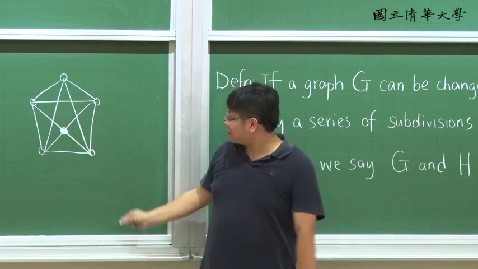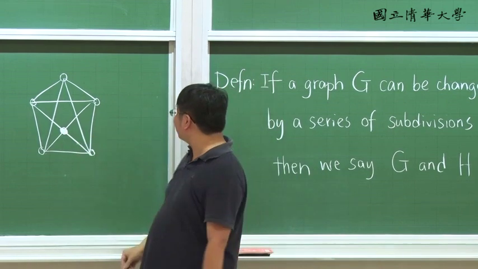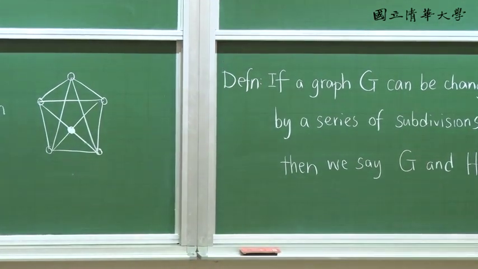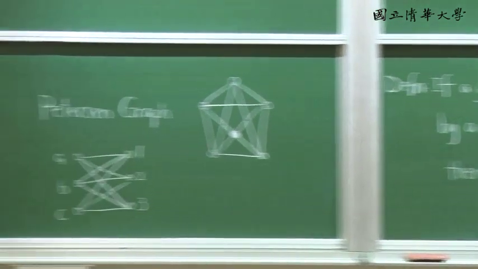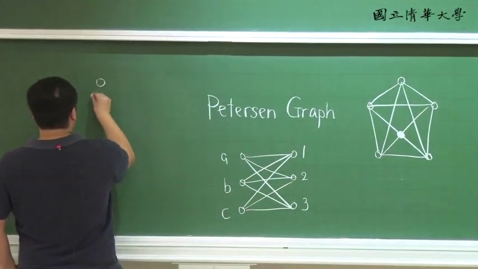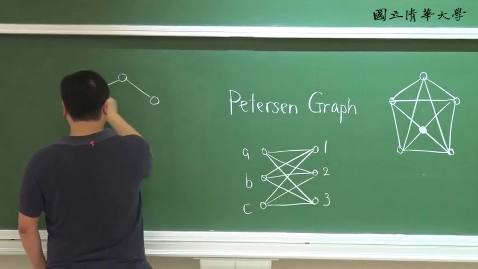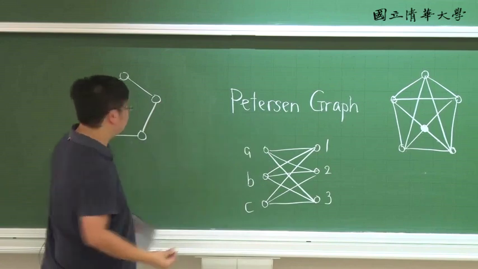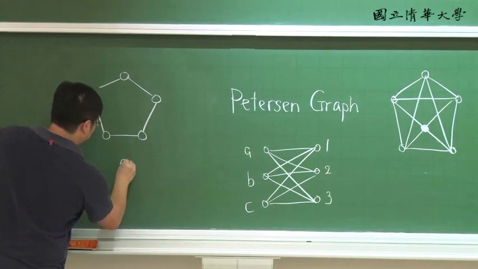Let's move this vertex out. We start with the same 5 vertices. So let's move the colored vertex here outside.